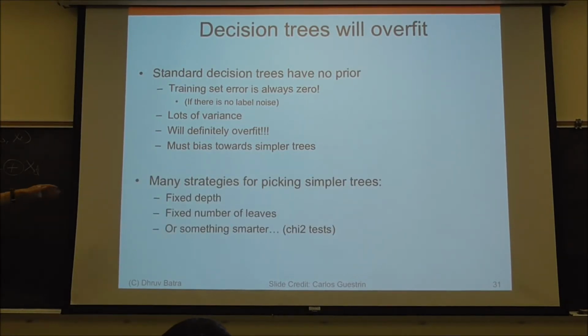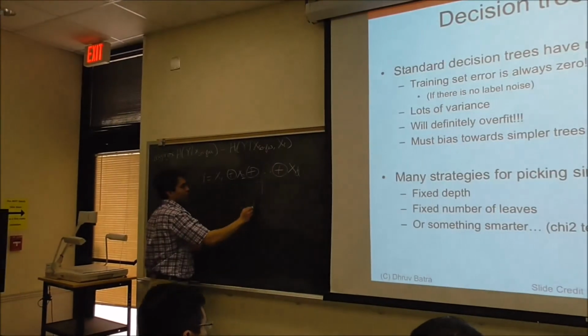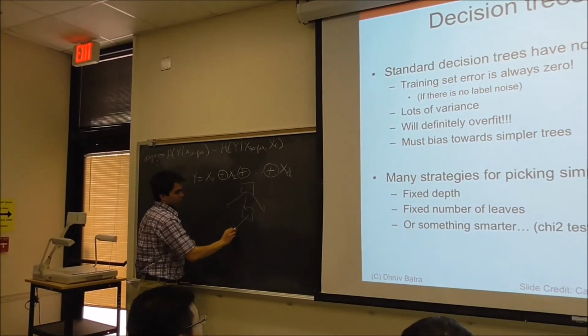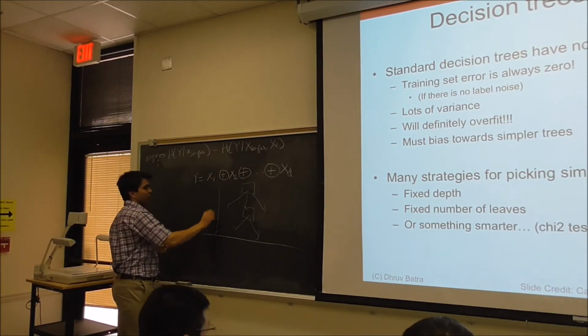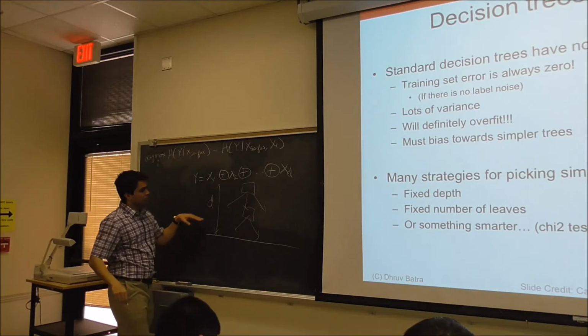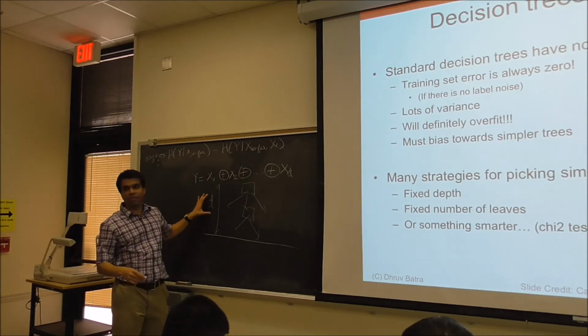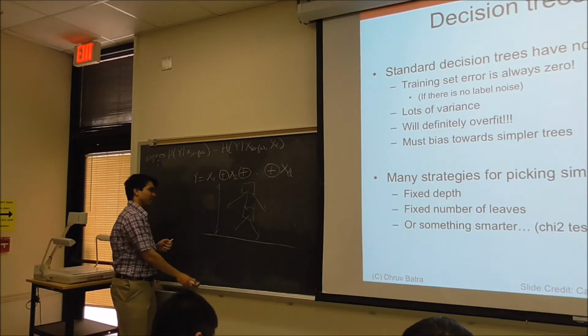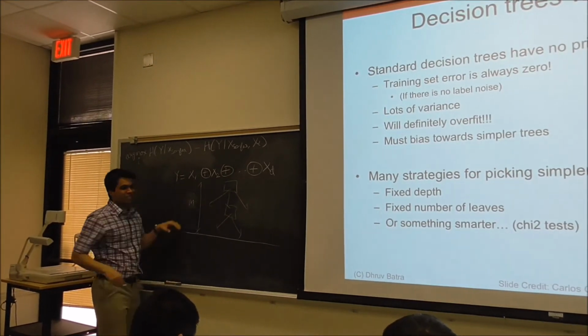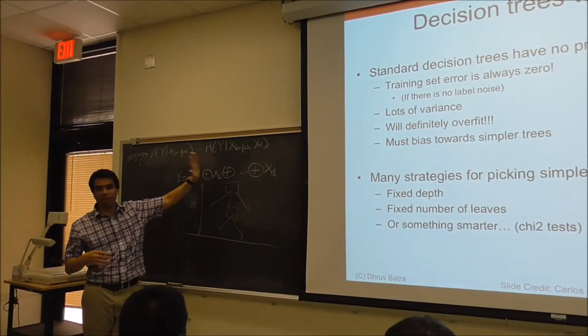We can come up with shallower trees, so trees that have some small level of depth, which means they cannot check too many features. Each time you check something and branch, check something else and branch, if I put a threshold on the depth that you can possibly go to, then you can at most check D features out of the total M features that you may have.